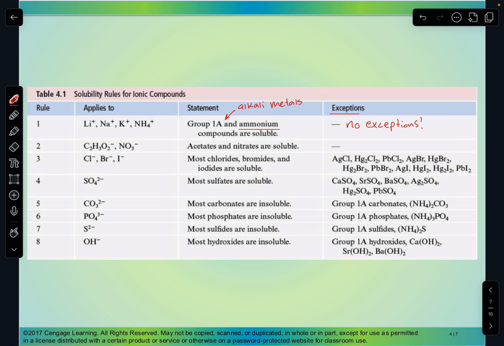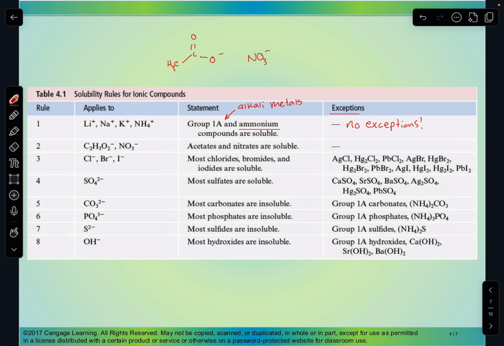So yeah, acetates and nitrates are also soluble. If you have an acetate, which looks like CH3, C double bond O, single bond O with a negative charge, that's going to be water soluble. You also have NO3-. These are going to be water soluble as well. So if it has a nitrate on it, it's going to be water soluble.